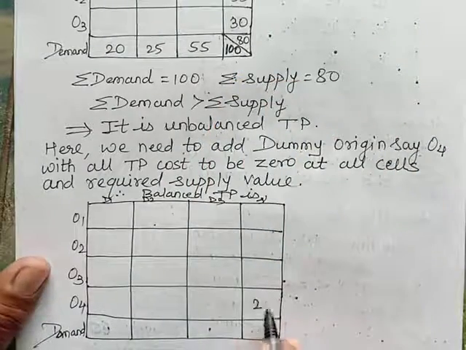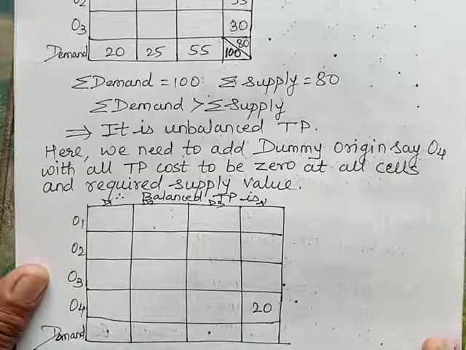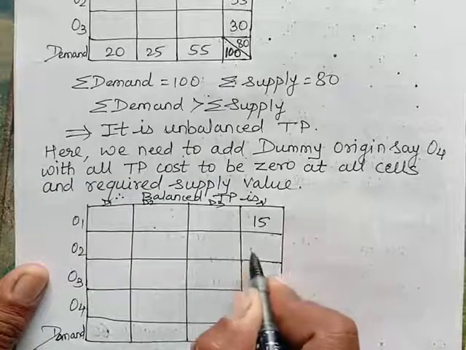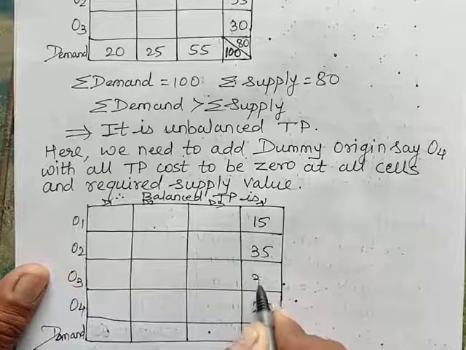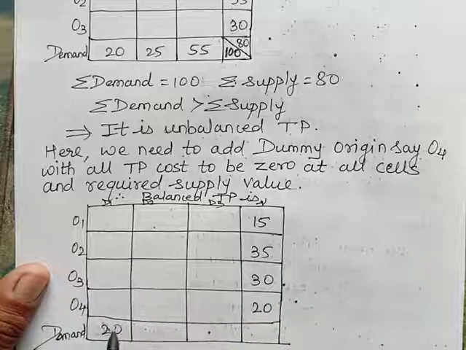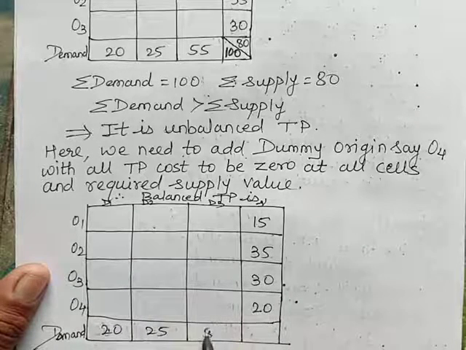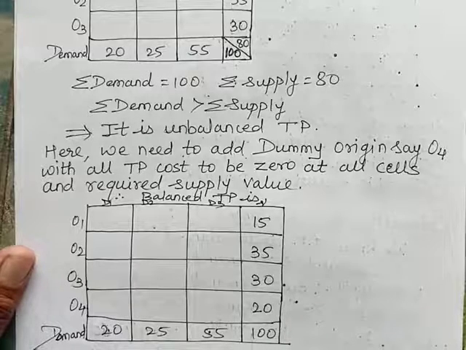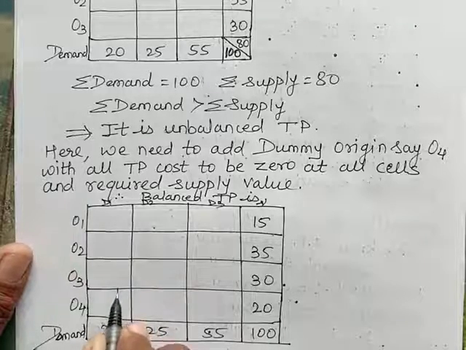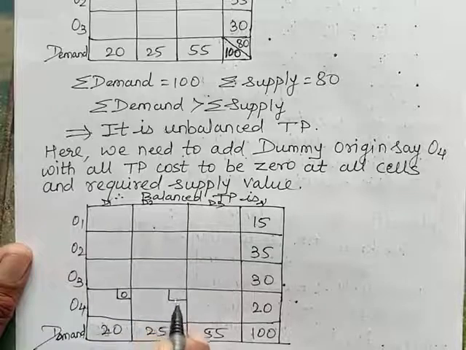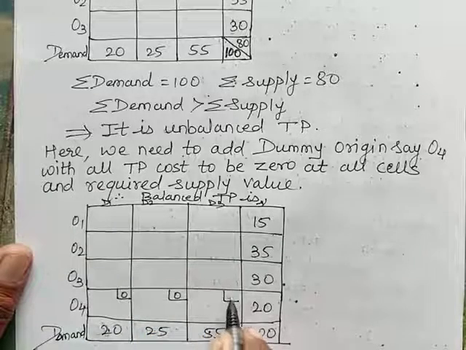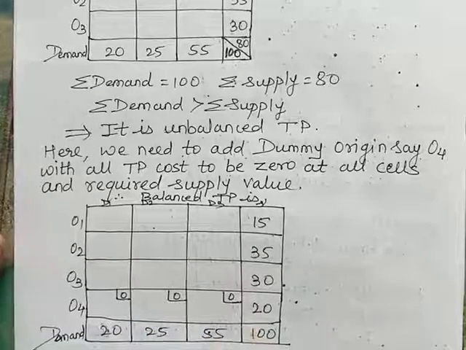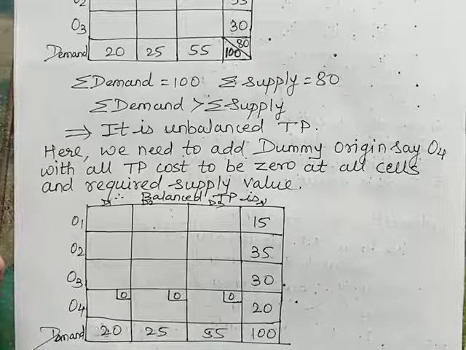Let me put 20 here. Previous supply is 15, 35 and 30, and here it will be 20, 25 and 55 as it is. Now the total will become 100 from both sides, so it will become balanced. For origin O4 the TP cost per unit will be 0. As such it will be a balanced TP here.